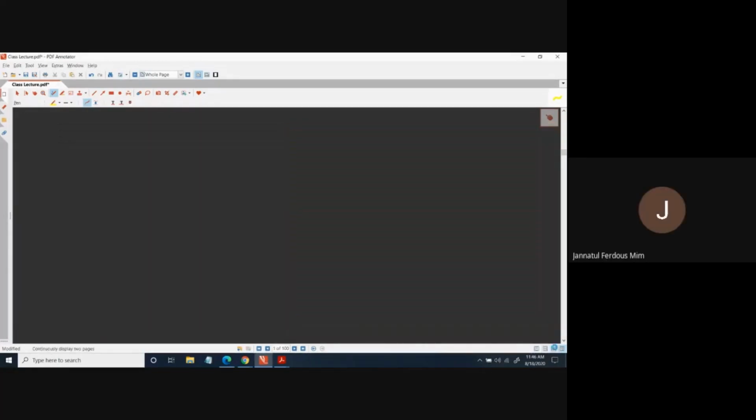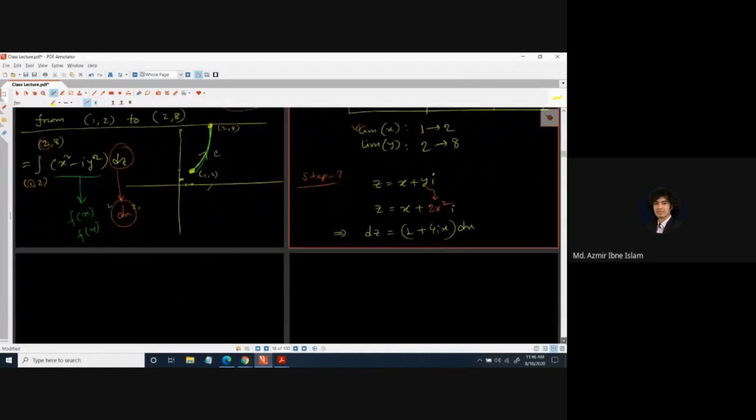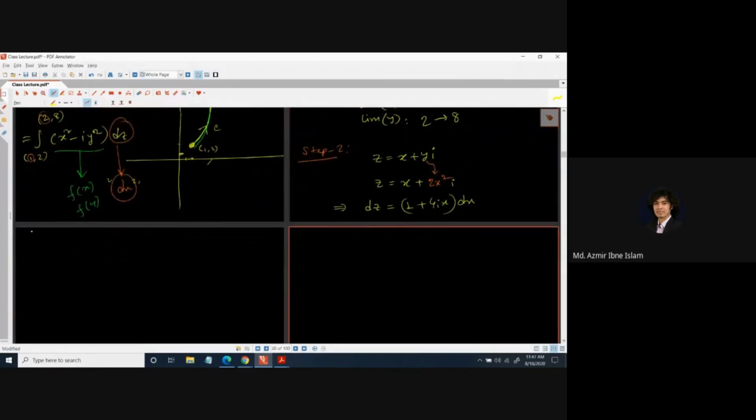Yes, sir. Okay, so we can now solve the integral that we have. Integration from 1 to 2, 2 to 8, x squared negative iy squared dz.